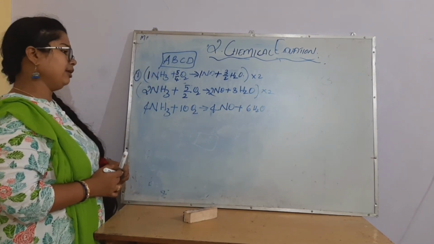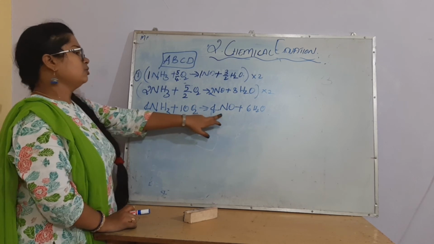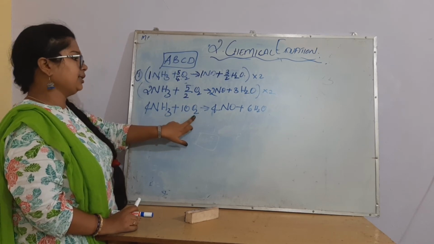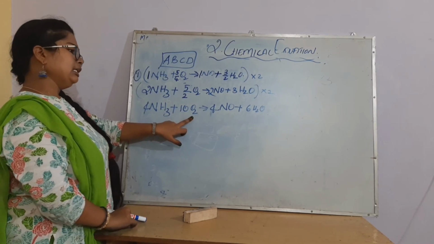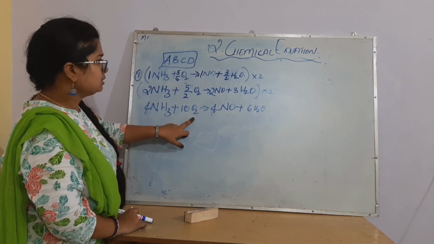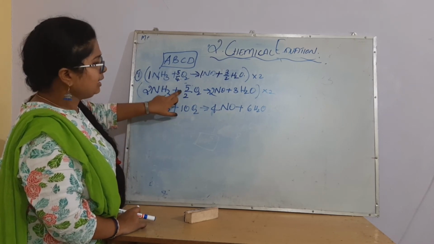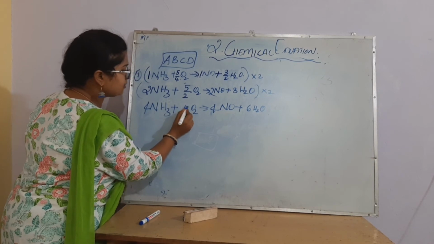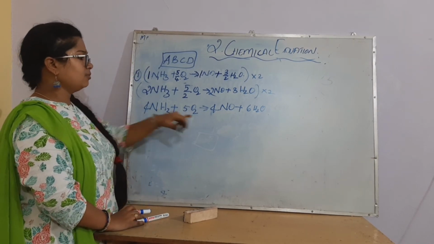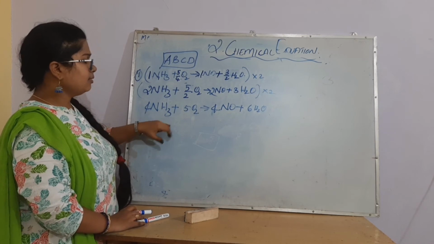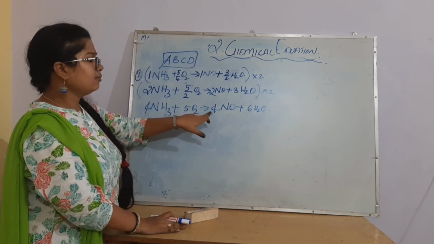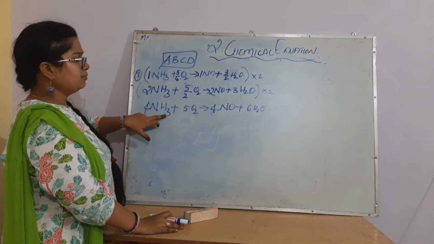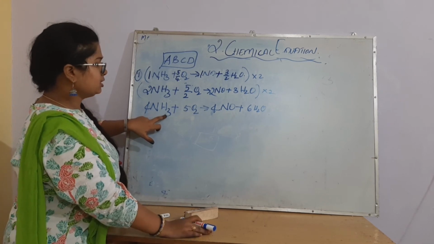Now I balance. Nitrogen, 4 and 4 done. Oxygen: 5 into 2 is 10; on the right, 4 plus 6 is 10.